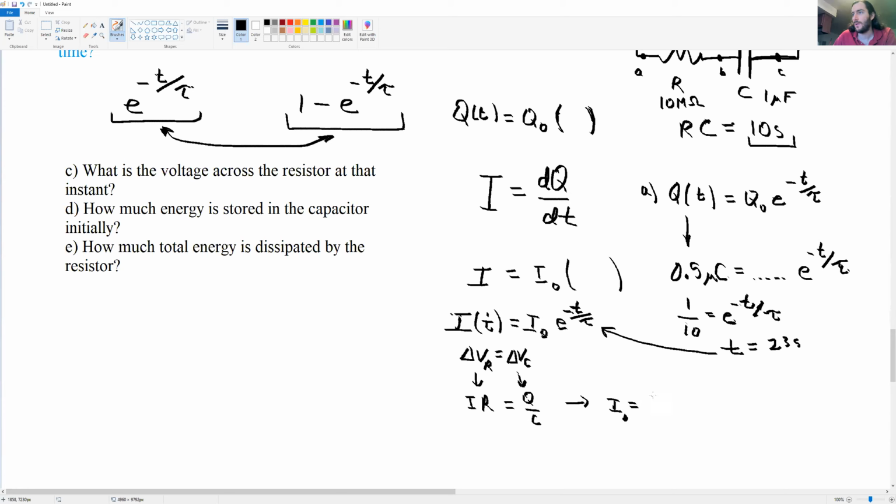So I0 will end up being Q over RC or Q0 over tau. However you want to solve for it. You could just take a derivative, right, and the answer will pop right out. You'll get this exact answer. Or you can just reason it out, kind of how I did right there, without the use of calculus.